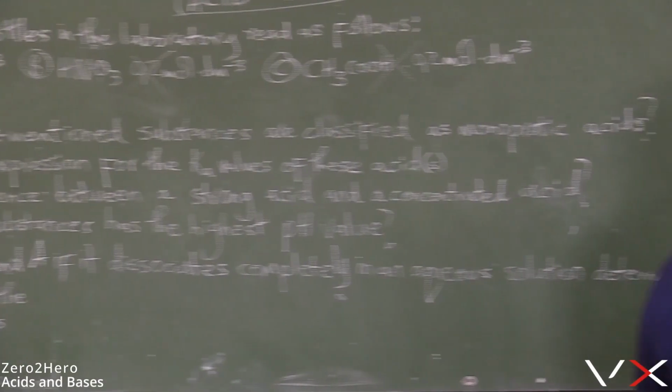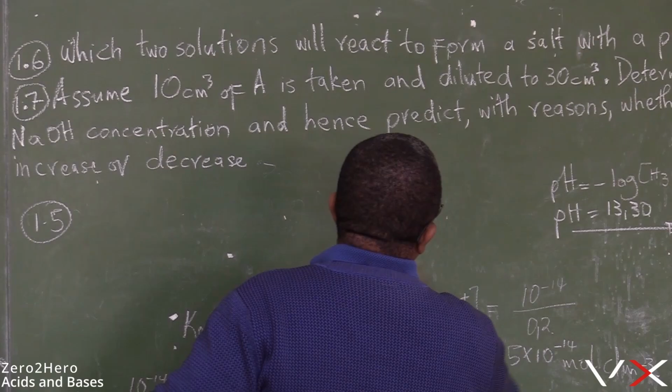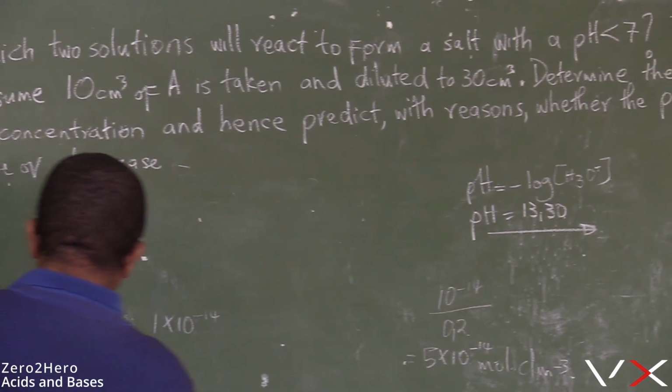1.6. Which solution will react to form a salt with a pH which is less than 7?